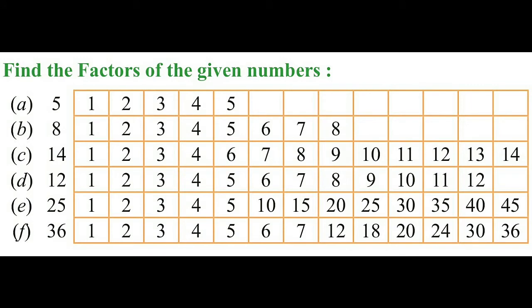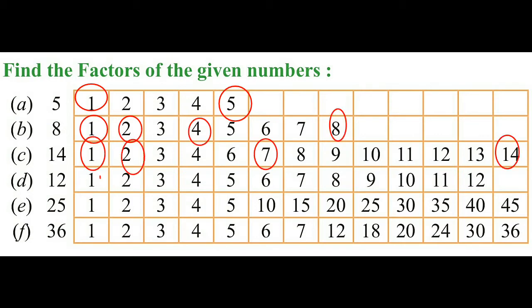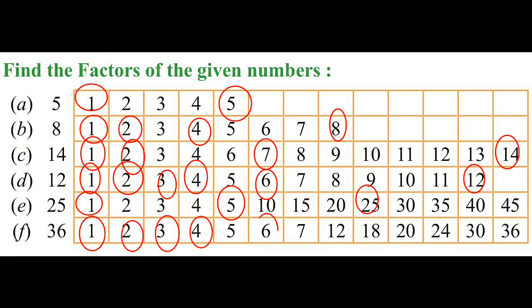Here second part is find the factors of the given numbers. So A part, factors of 5 are 1 and 5. B part, factors of 8 are 1, 2, 4 and 8. C, factors of 14 are 1, 2, 7 and 14.